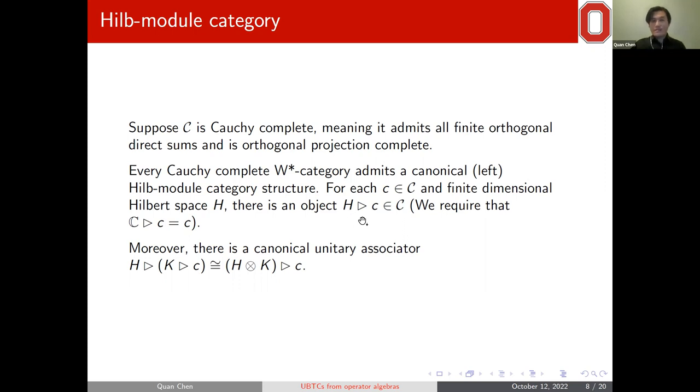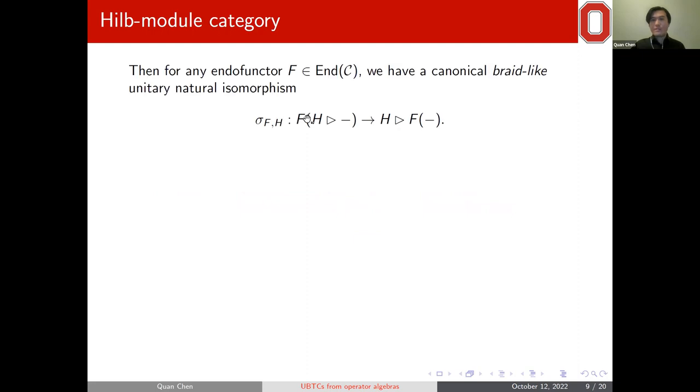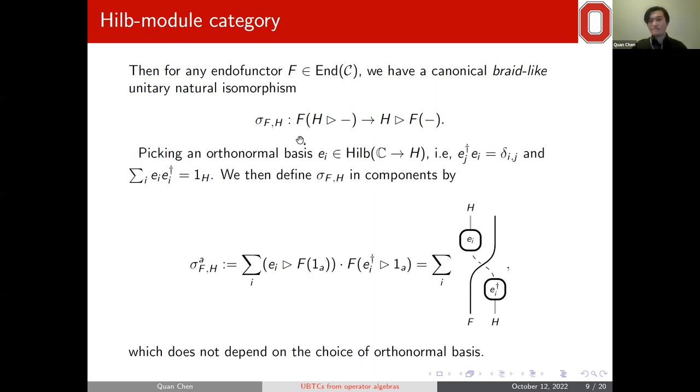And from the Hilbert module structure, we can equip End(C) with the Hilbert module structure, which means for every endofunctor F, we have a canonical braiding-like unitary natural isomorphism sigma_{F,H}, which means F of H act on c is isomorphic to H act on F. And we can provide this natural isomorphism explicitly.